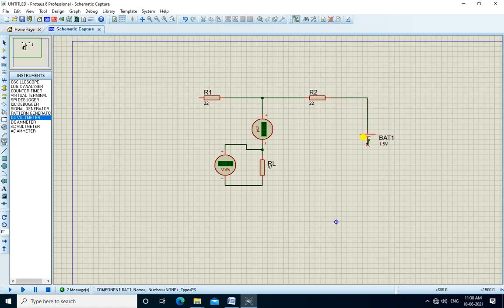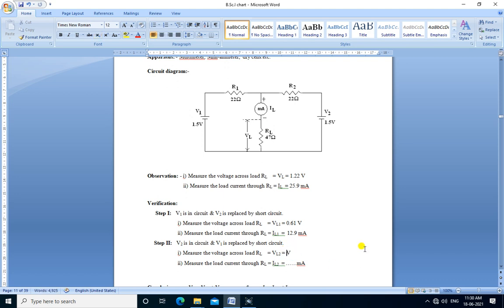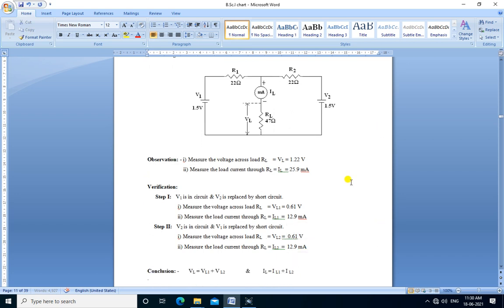Now we connect the V2 and V1 we replace it by short. Now we run the simulation. Here we get the value of VL, that is VL2 0.61 volt, and the value of IL is 12.9 milliampere. We note down this VL2 0.61 volt and IL2 12.9 milliampere.